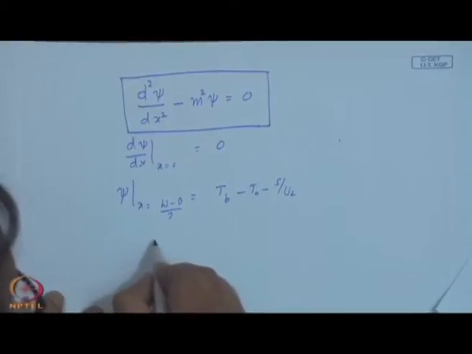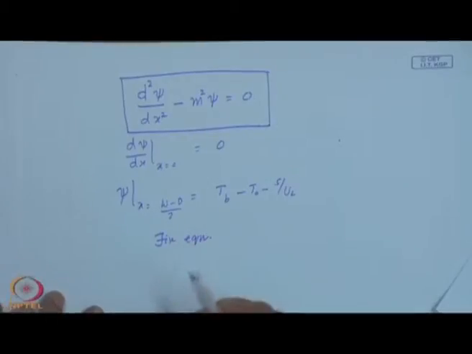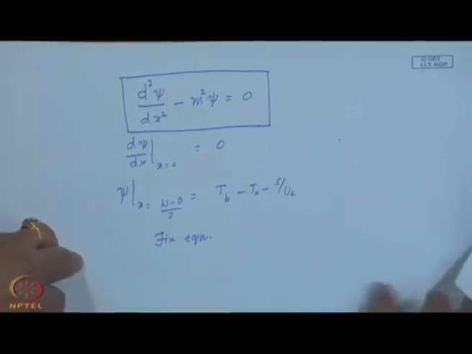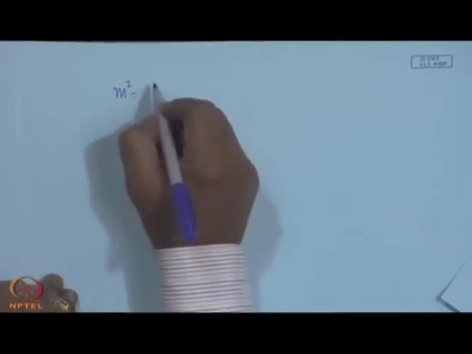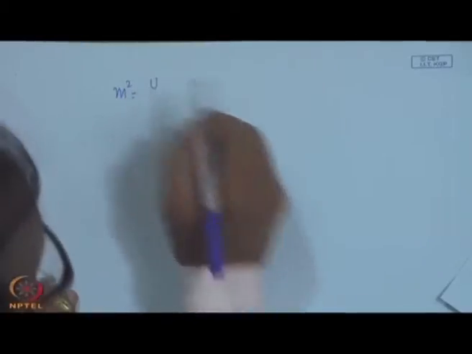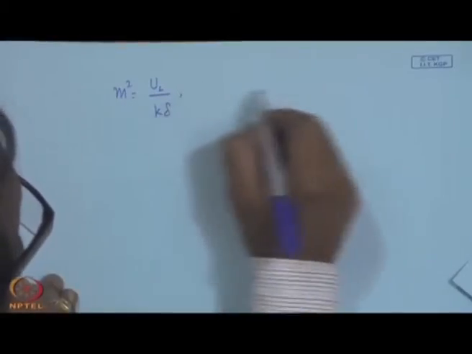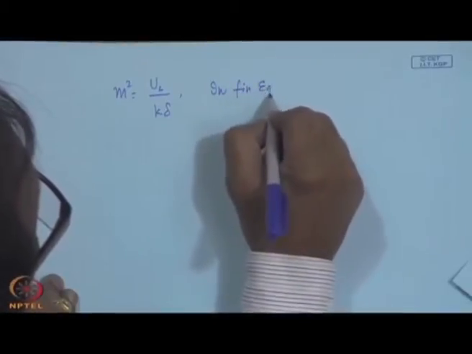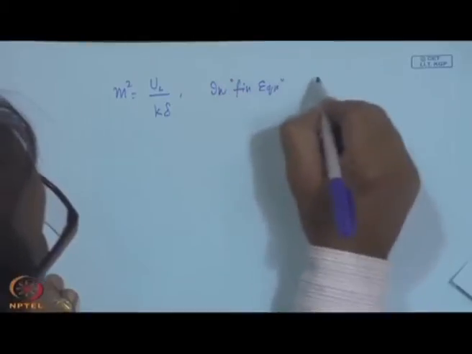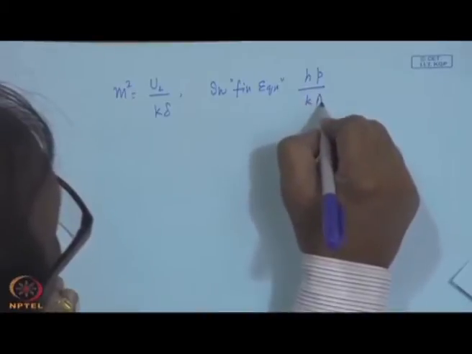This is nothing but a fin equation, and you will find that the parameter m squared equals U L by k delta, whereas in the conventional fin equation it is h perimeter upon k A.